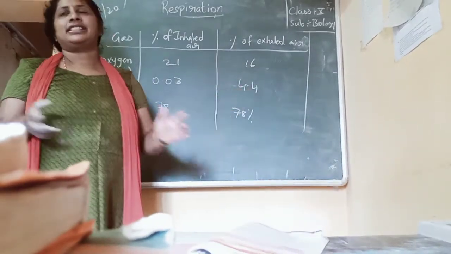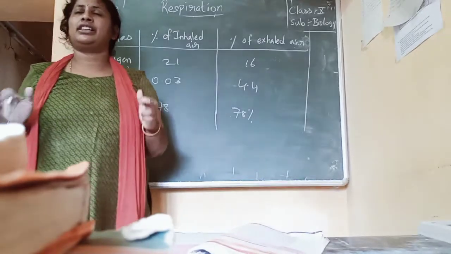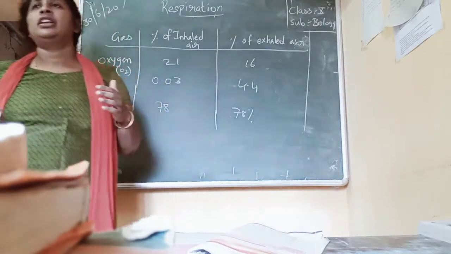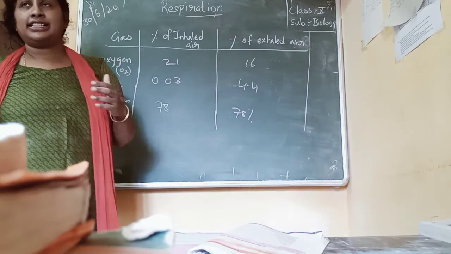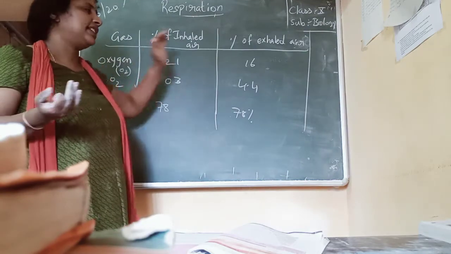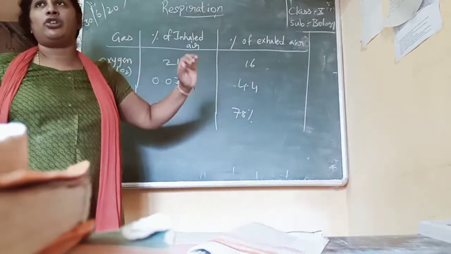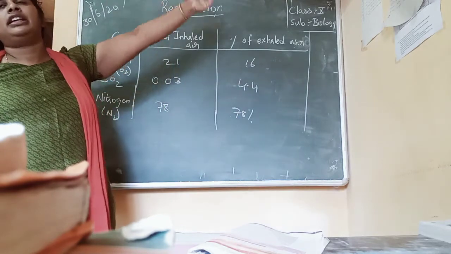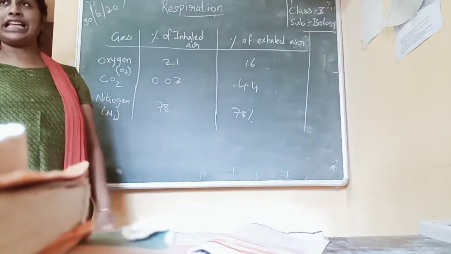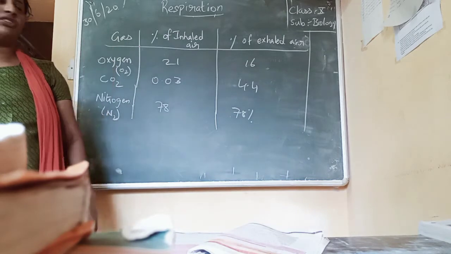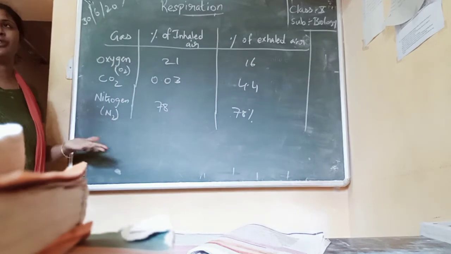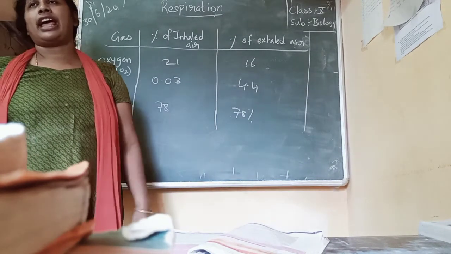This carbon dioxide is harmful to the cell, so it should be removed outside. So the carbon dioxide is given to the blood and the blood brings the carbon dioxide to your alveoli. From alveoli it is sent out to the atmosphere. So nitrogen, we don't need any nitrogen for our activities.